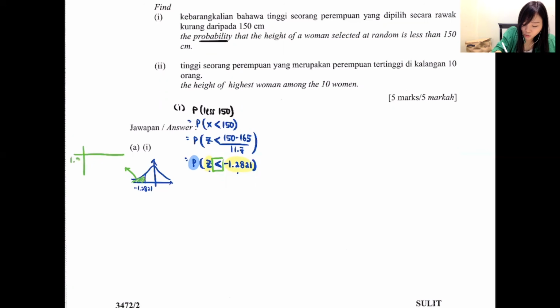So go to your table, look at 1.282. You can't look at the 1 because your table only supports 3 decimal places. So 1.2, put a ruler so you won't go off the line. 8 is 1003. Continue, look at 2, it is a 4. So the 4 is for you to subtract. 1003 minus 4.